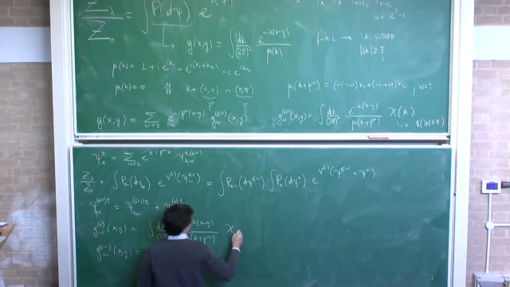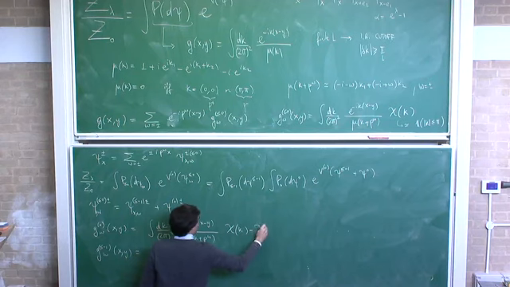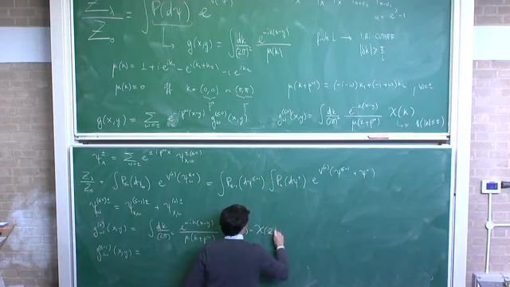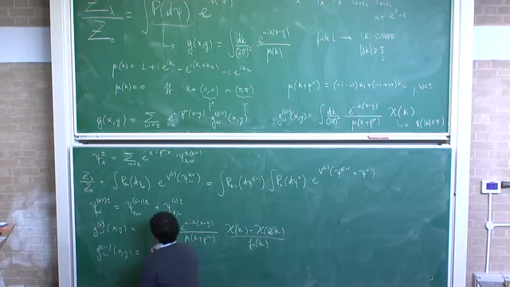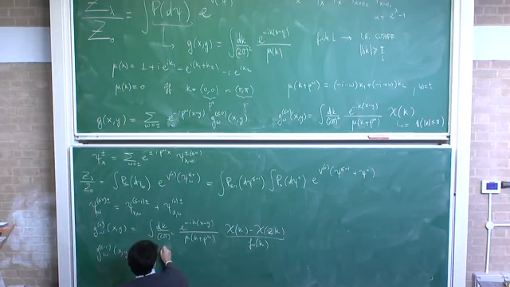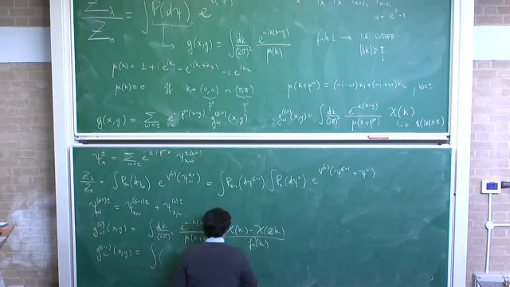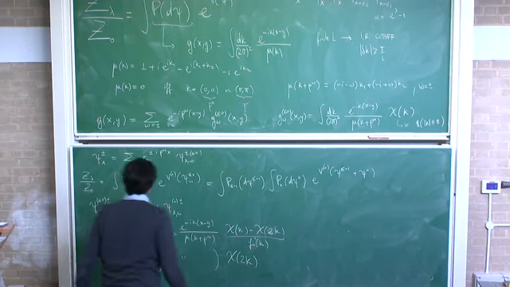So here it is replaced just by this thing, which I call f0. And here it's the same times pi 2k.